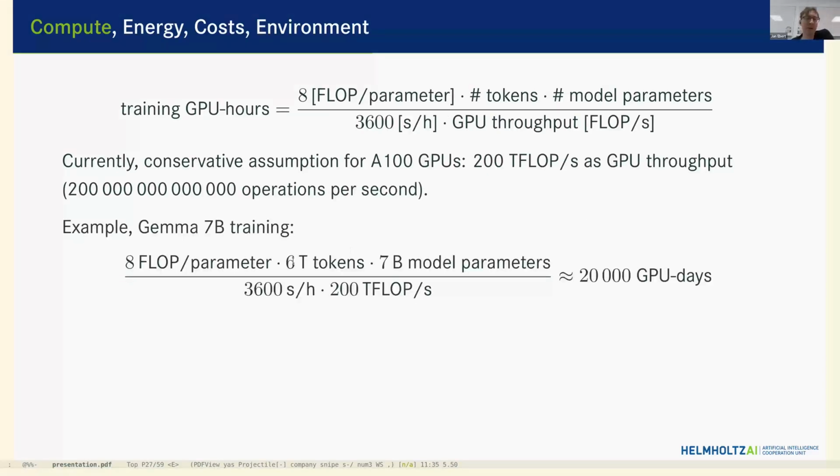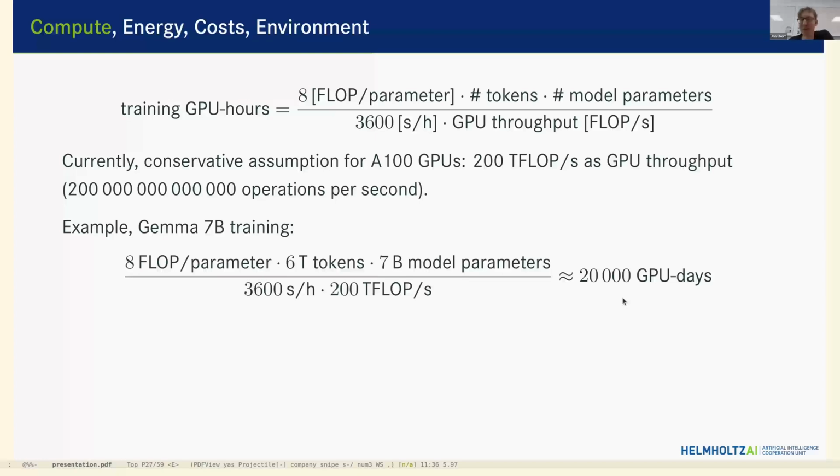We knew 6 trillion tokens for the training. We know that the model has 7 billion parameters, and we know that our throughput is 200 teraflops. And we get that this training of the Gemma model took around 20,000 GPU days, which seems unlikely, since Google was not able to train for so long.